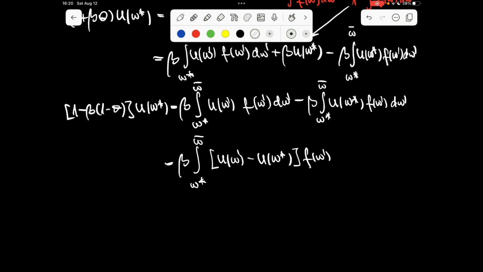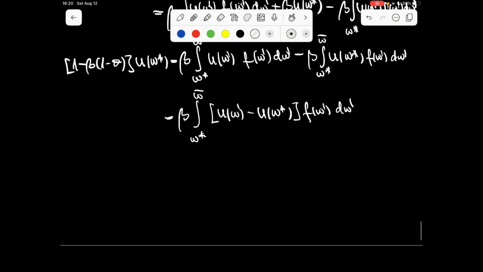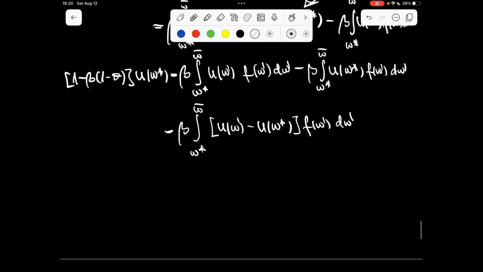So everything was useful in the end. So finally, we have this equation, which is the equilibrium that gives us the unique value of the reservation wage. So it can be solved to the reservation wage.